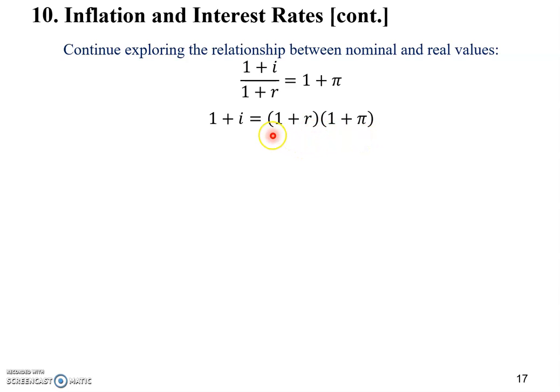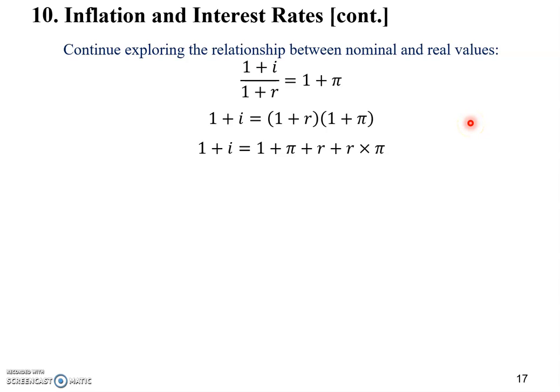Then we open up these two brackets. 1 times 1 gives us 1, and then 1 times pi, which will be pi. Then r times 1, we get r. And the last item is r times pi. So we get this.